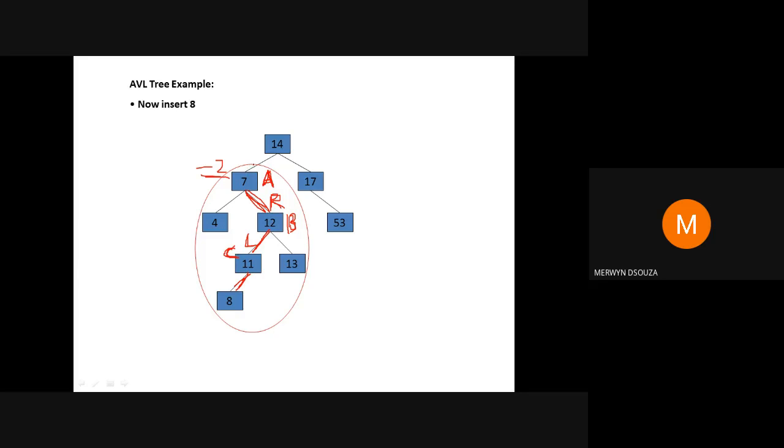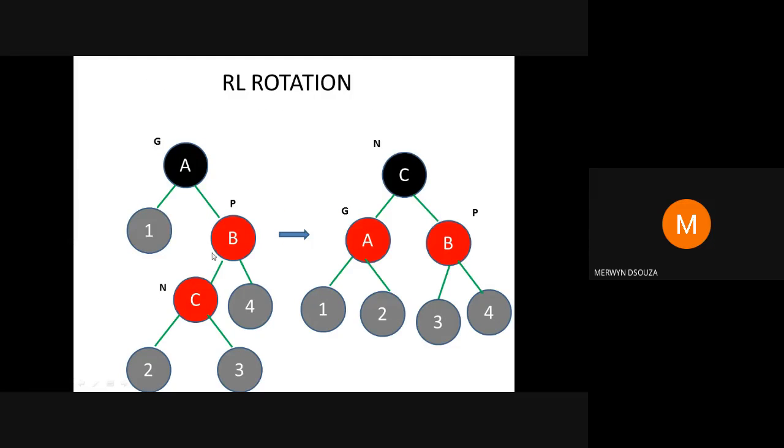Now you can see that in the subtree of 7, there are more nodes present: 4, 8 and 13. So you cannot ignore them. For that, look at this diagram of your RL rotation. You have to identify whether these nodes are 1, 2, 3 or 4.